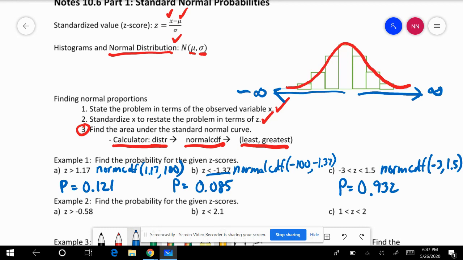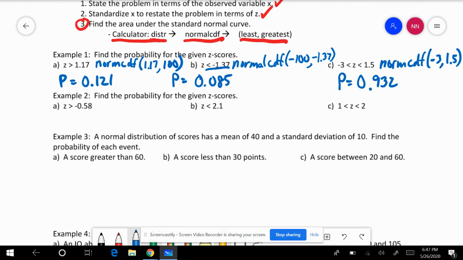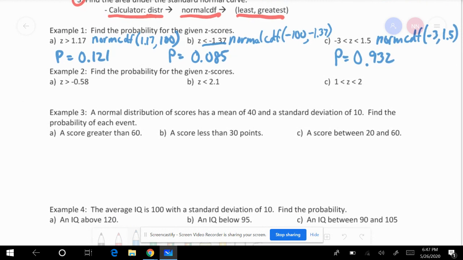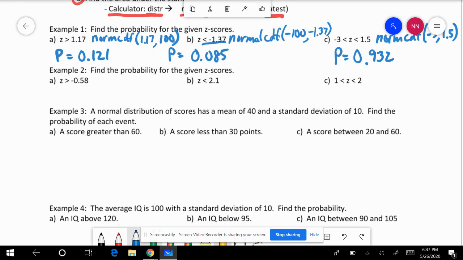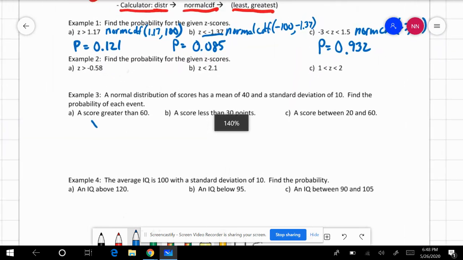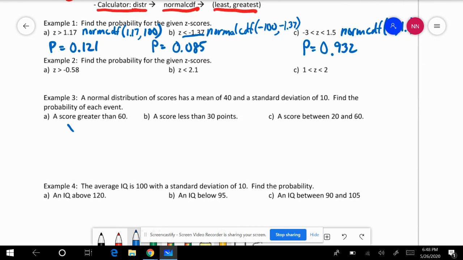Now, let's skip example 2 and go to example 3. This is where the 3 steps come in handy. What we have is an x value. So the x value is greater than 60. So if it's greater than 60, we're going to go x is greater than 60. We're going to change that into a z value. So we're going to go 60 minus our mean, which is 40, divided by our standard deviation, which is 10.